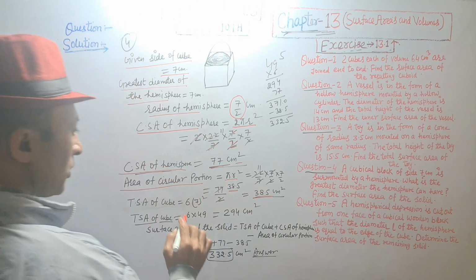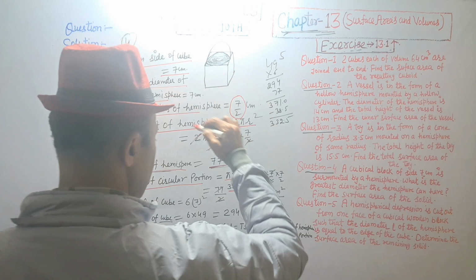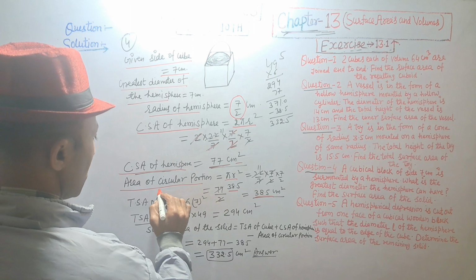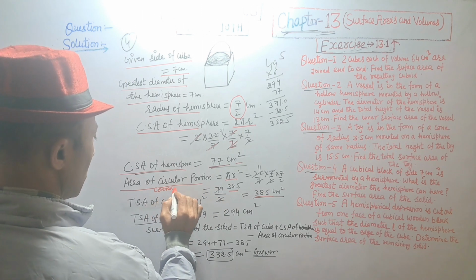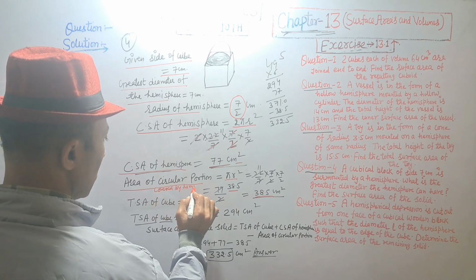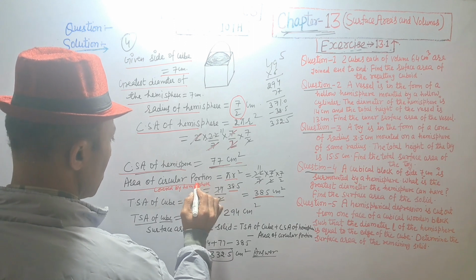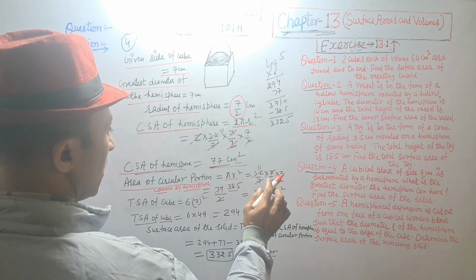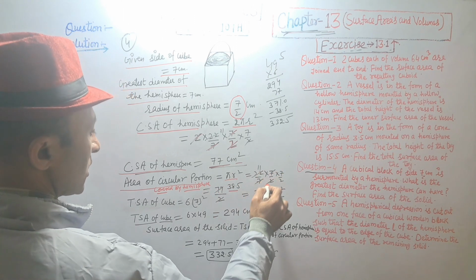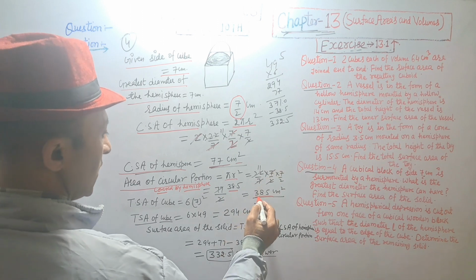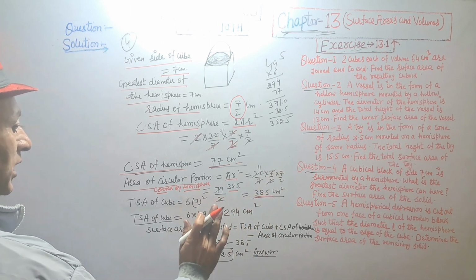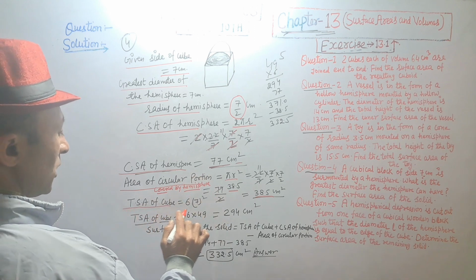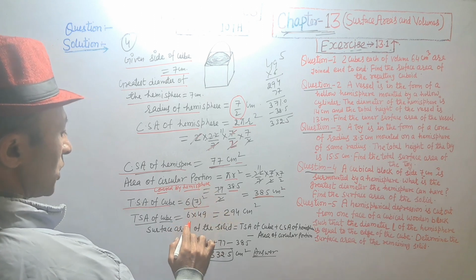Area of circular portion covered by hemisphere is equal to pi r square, 22 upon 7 into 7 upon 2 into 7 upon 2, that is 38.5 centimeter square. And total surface area of cube is equal to 6 into side square.